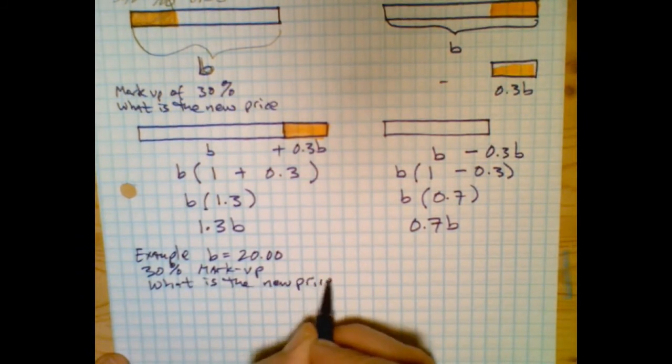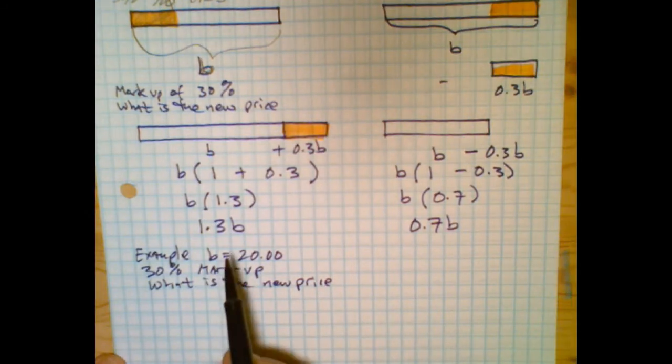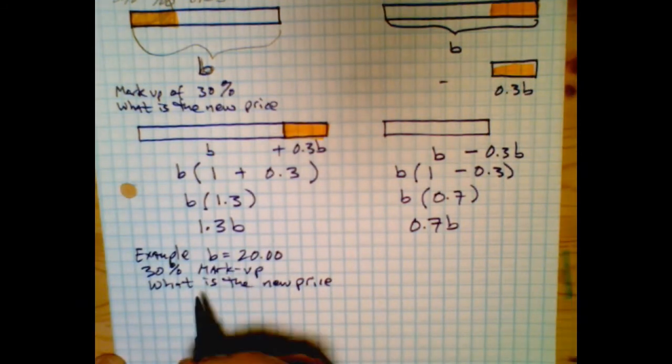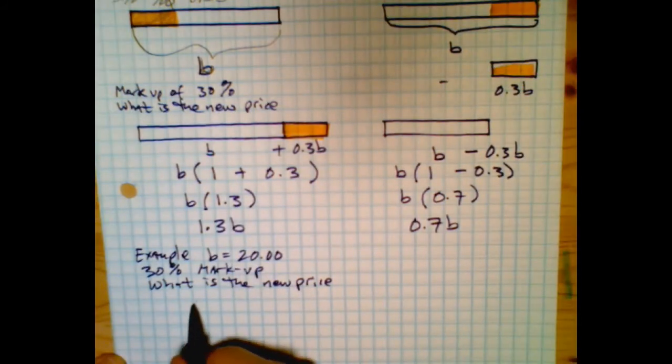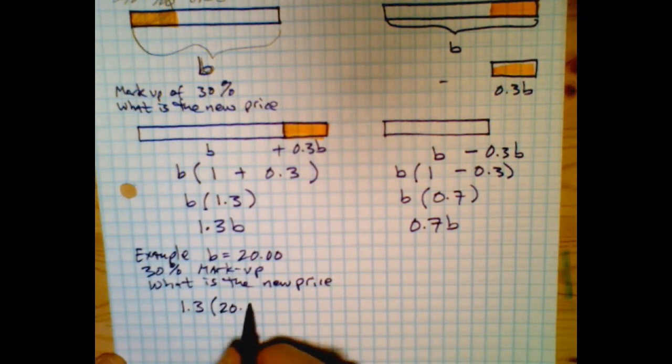So what's this price I'm going to sell the shirt at? Well, I can simply plug my value in for B here. I would have 1 3/10 times 20.